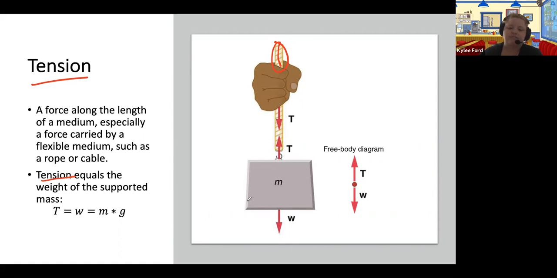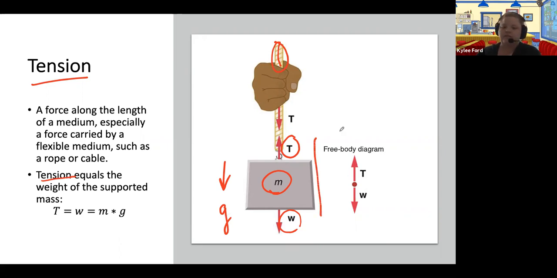So if we have some mass that is being supported by a rope or a cable, some kind of medium, our tension can be calculated as our weight. And that weight is our force, which is going to be our mass times gravity. So our tension is going to be our mass, multiplied by our gravity. And again, that equals our tension.